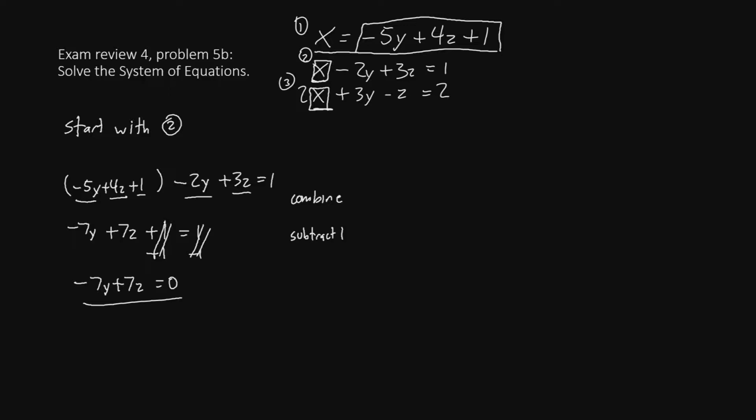Now we'll move on to equation 3. So in this position, next to the 2, we'll place a parentheses. Plus 3y minus z equals 2. And in that parentheses, once again, we'll place negative 5y plus 4z plus 1.